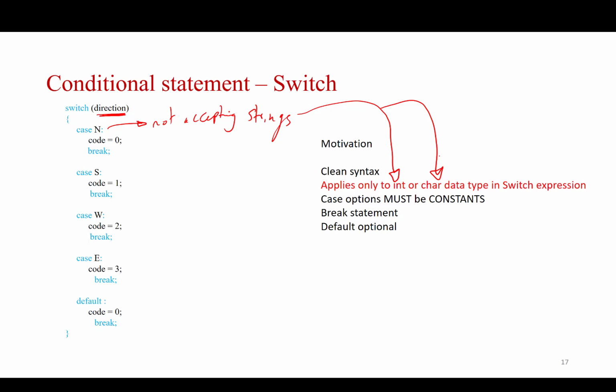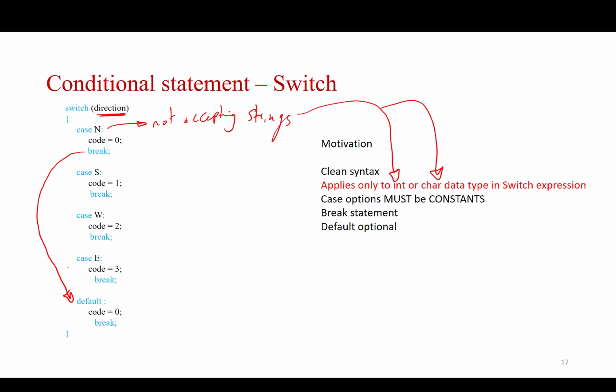So here, starting with case n, and then code equals to 0, and then break. Why am I using break here? Because if you didn't use break, I'm going to execute the default statement again, right? So this is why after each one, because here you are going to go over all of them. If you didn't use break, you are going to go over all of them.